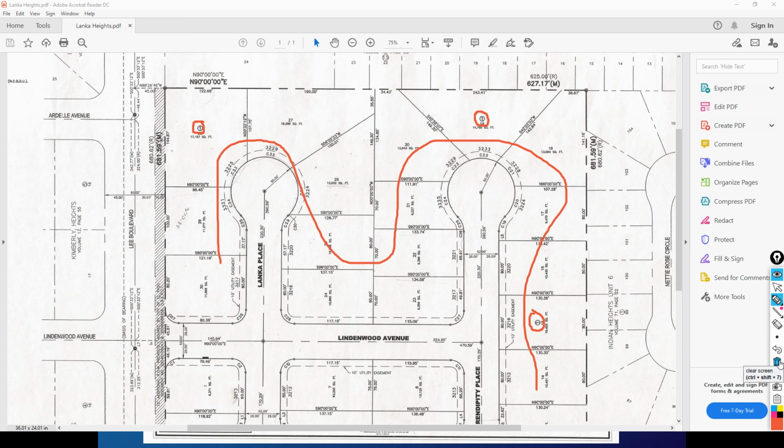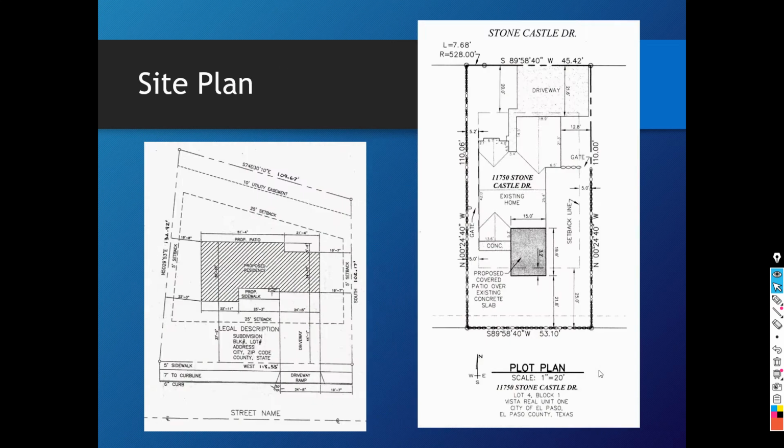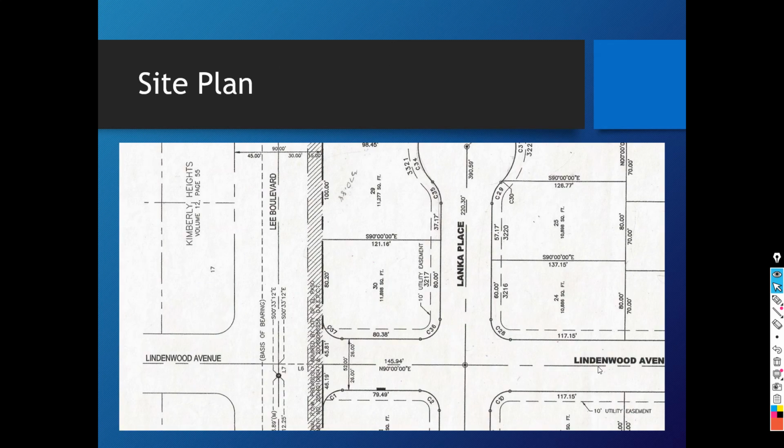And block, it's just like the block, like when you go around the block walking your dog. That's what that means. It's just a block of individual lots. And then, what is the lot number of our house? Well, the lot number, if we go over here, it's going to be lot number 30.